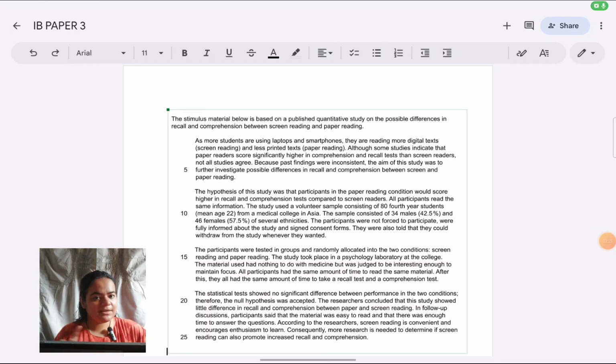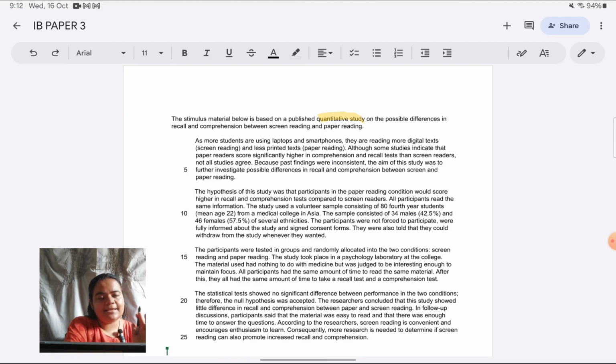So the first thing we need to note when we are reading is quantitative study. Mentally, this helps us to prepare that for some of the questions, like say generalizability, if it is asked in 9 marker, we need to answer a little differently if it's a quantitative or a qualitative stimulus.